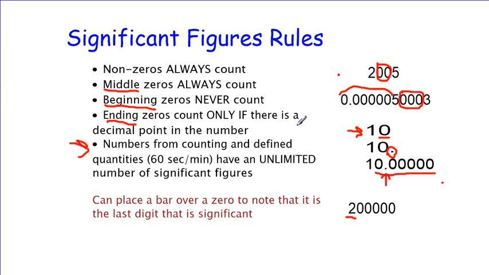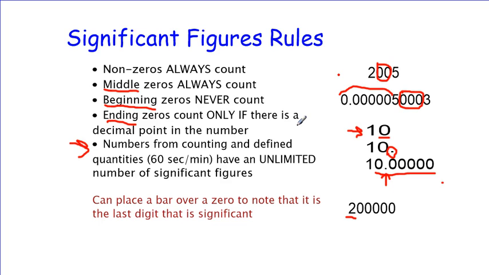So if there were 5 people in the room, that would be 5.00000 indefinitely, because it couldn't be 4.9 or 5.1 people. That wouldn't make sense. The same thing with 60 seconds in a minute. That is a defined quantity. It is defined to be exactly 60 seconds in 1 minute.